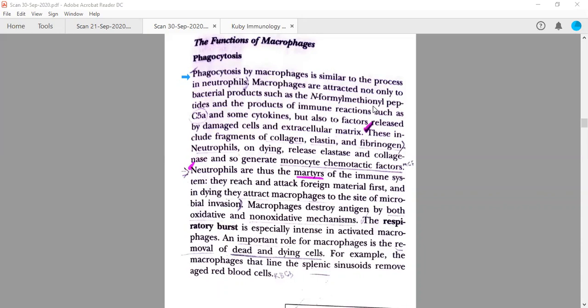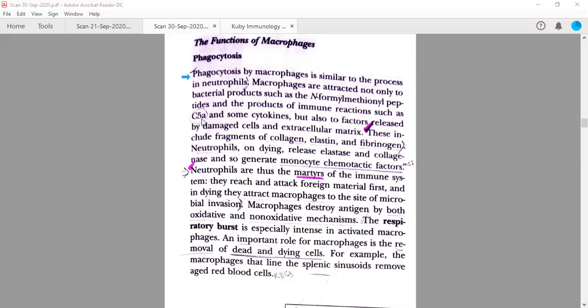So the starting amino acid methionine is formylated, so that the macrophage or other cell can recognize that particular peptide, that oh, it belongs to some pathogen, because generally the prokaryotes have this kind of methionine.